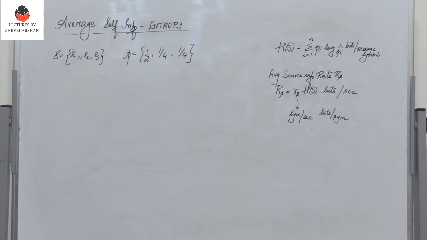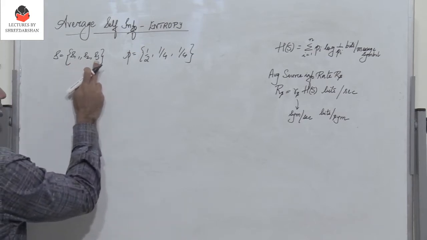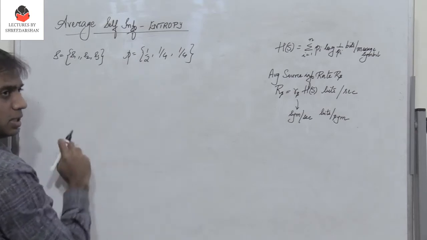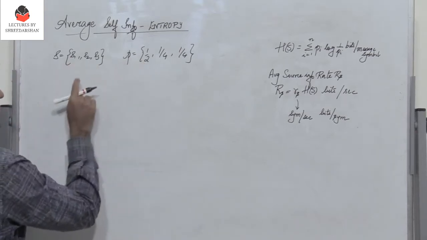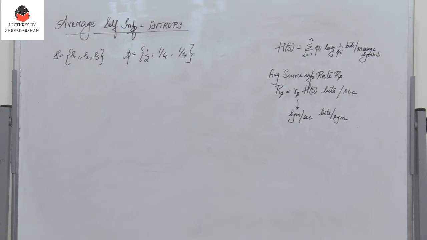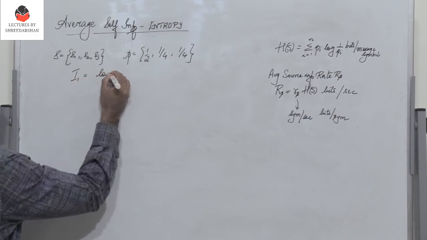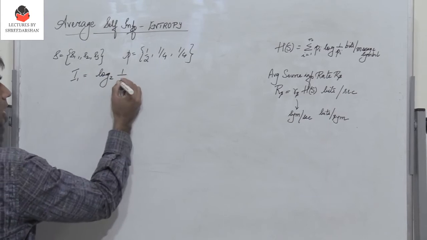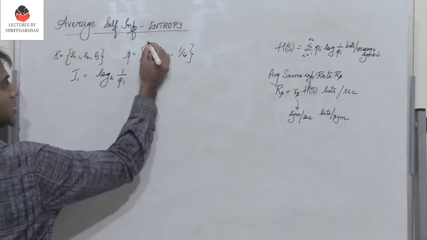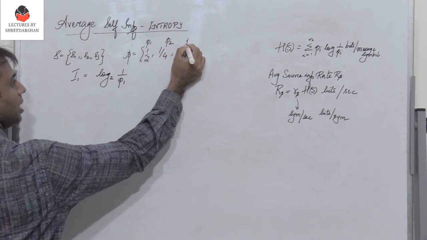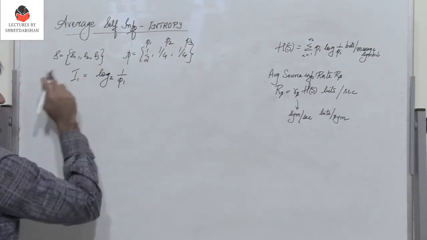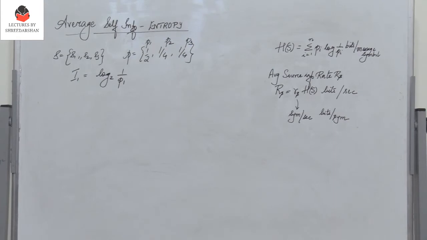We need to find the self-information of each message and also find the entropy of the source S. So probability of S1 is 1 by 2, probability of occurrence of S2 is 1 by 4 and S3 is also 1 by 4. The self-information of S1, which is I1, is nothing but log to base 2 of 1 by P1, where P1, P2 and P3 are the probabilities of the corresponding symbols S1, S2 and S3.